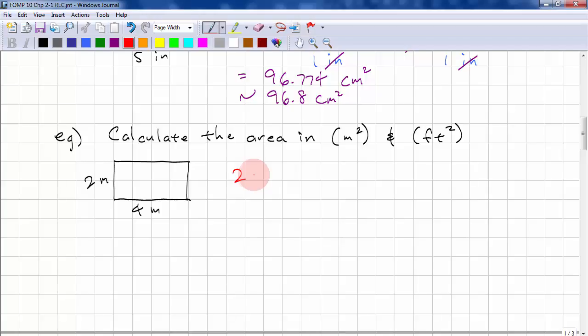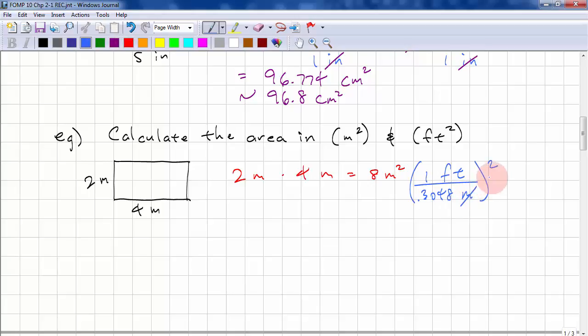So we have 2 meters times 4 meters. That equals 8 meters squared. We need to convert this to feet. So we can just take the 8 meters and multiply it by 1 foot over 0.3048 meters, and then square the whole thing.